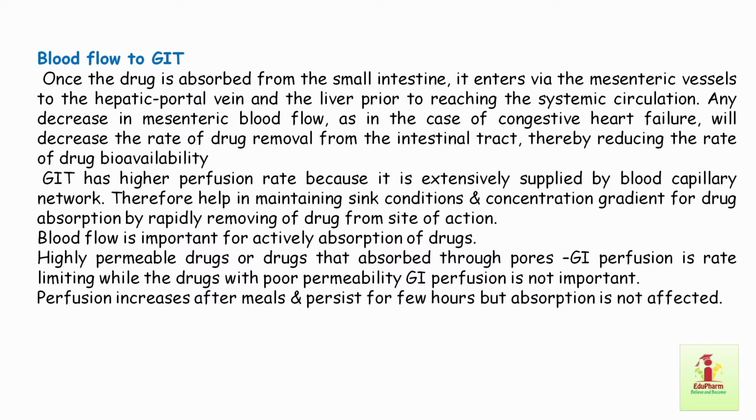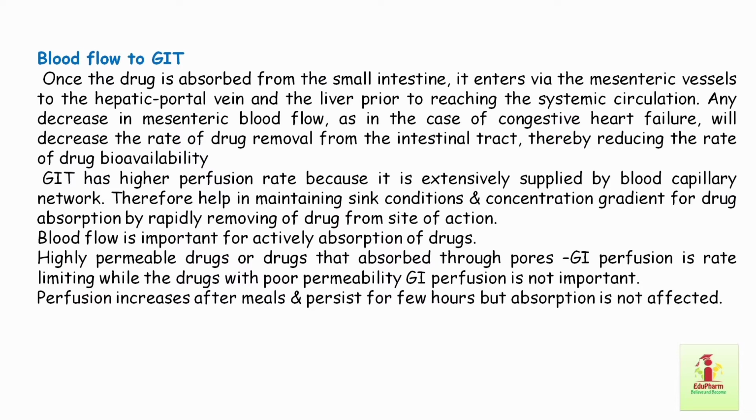The next factor is blood flow to the gastrointestinal tract. Once the drug is absorbed from the small intestine, it enters the hepatic portal vein and the liver via mesenteric vessel before it reaches the systemic circulation.